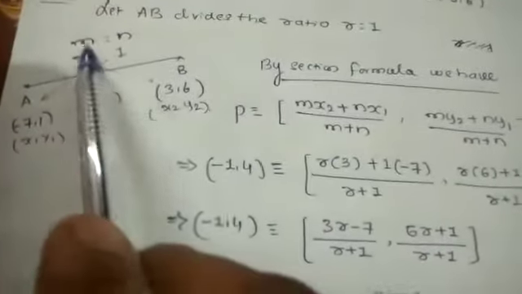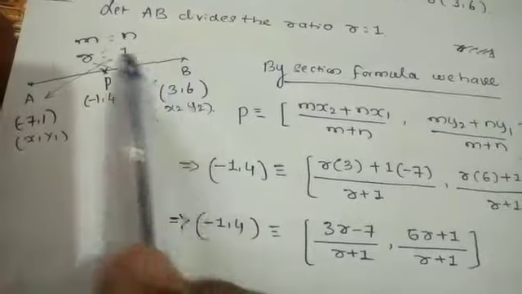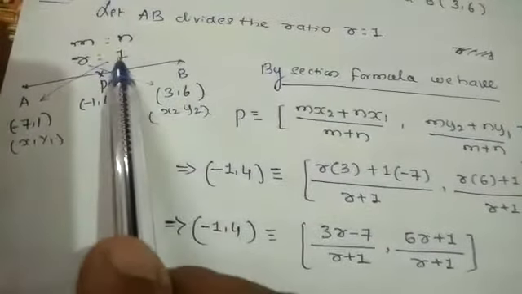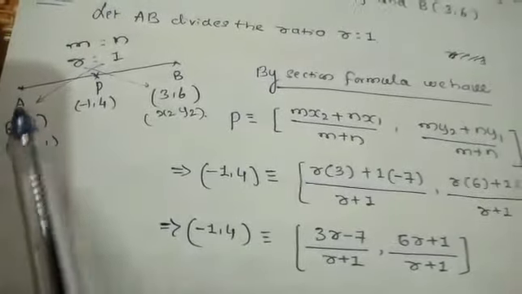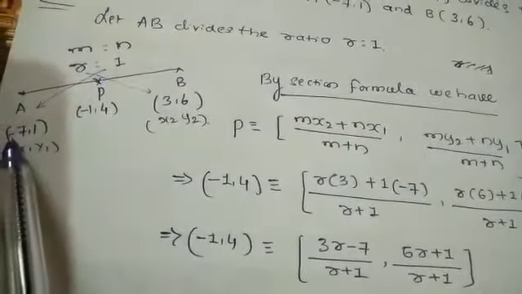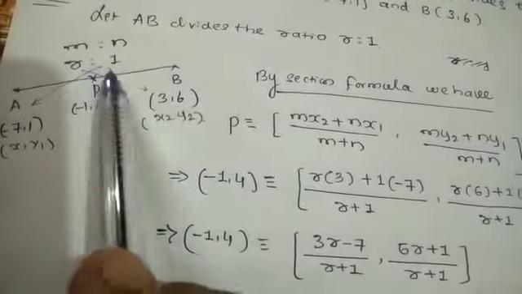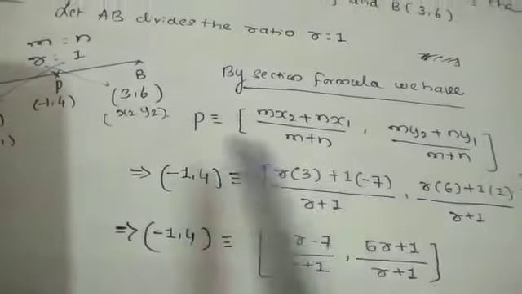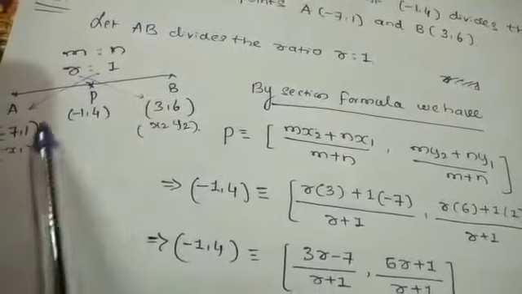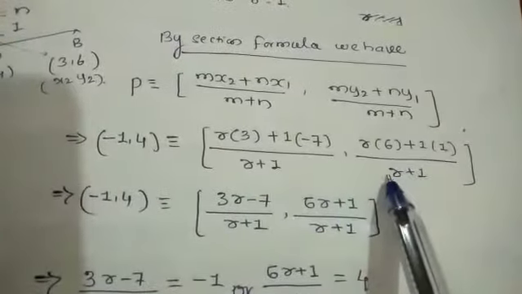So here, m x2 plus n x1 gives r of 3 plus 1 of -7, divided by r plus 1. This is the x coordinate. Similarly, the y coordinate is r of 6 plus 1 of 1, divided by r plus 1.